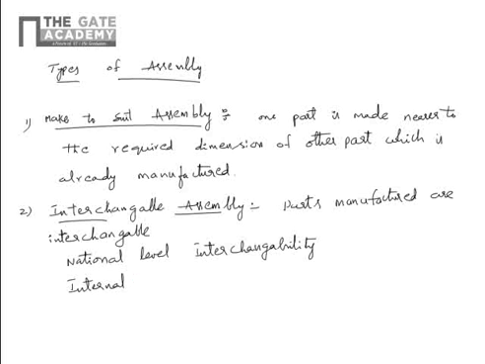Suppose a part is manufactured in India following international standards, then the mating part can be manufactured in Malaysia, and both can be used for assembly. Parts manufactured at different locations in the world can be assembled if they follow the international standards of manufacturing.